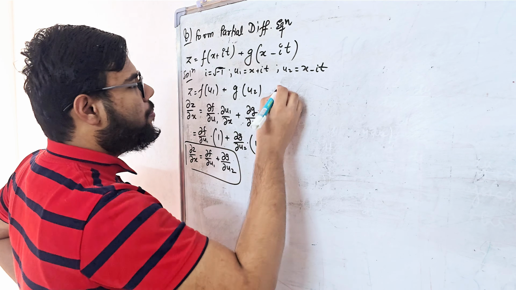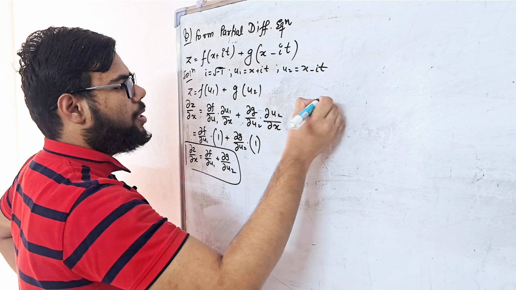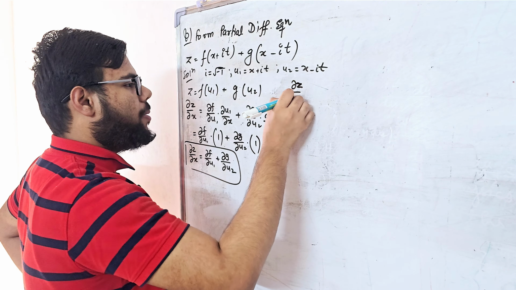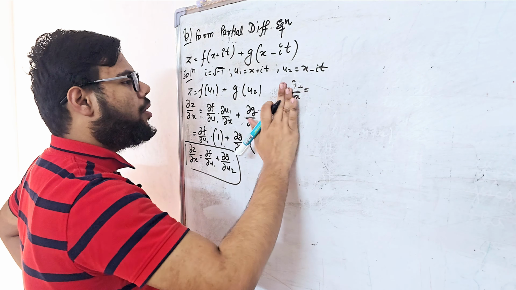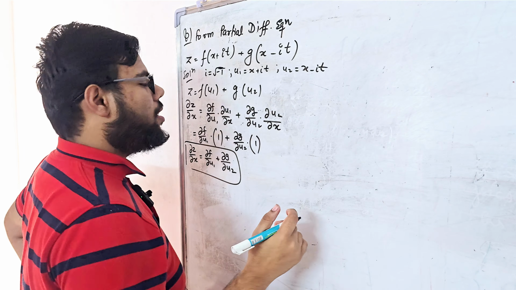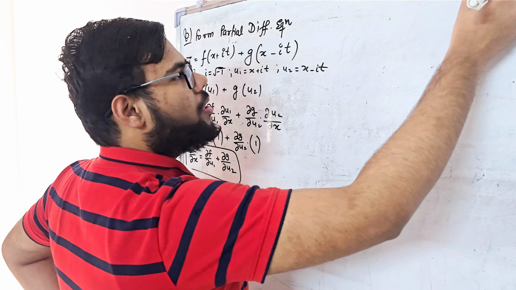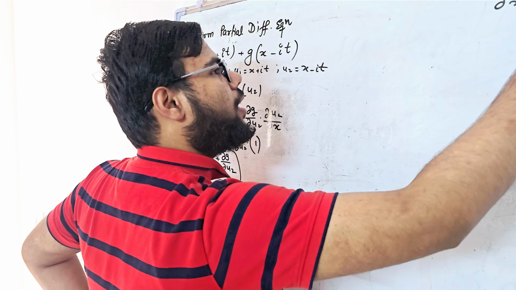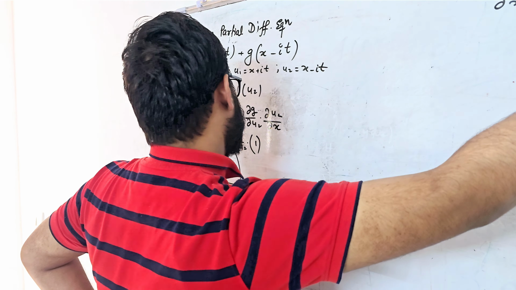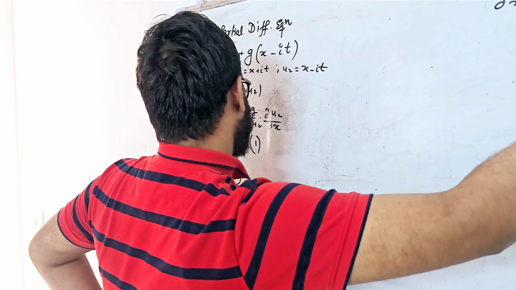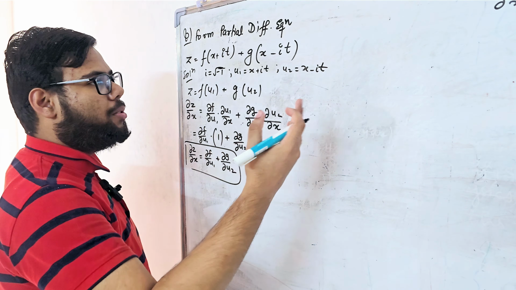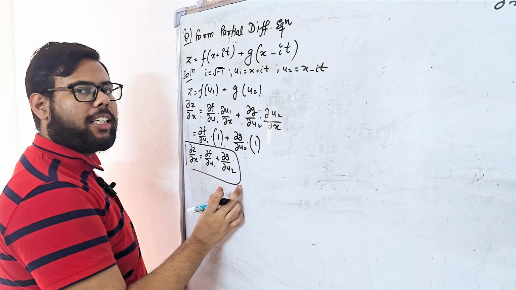Let me write it somewhere so that we don't forget it. Del z by del x is equal to del f by del u1 plus del g by del u2. It won't be visible to you, but still I will use it later, so kindly remember this expression, right?